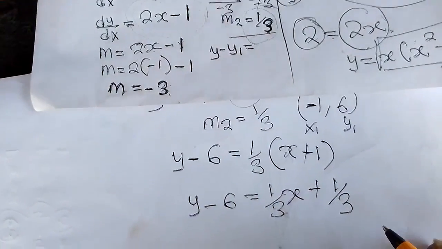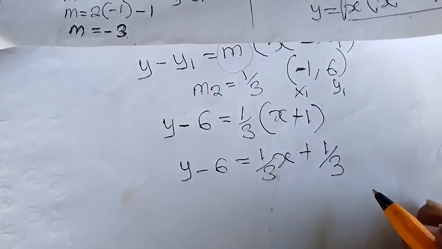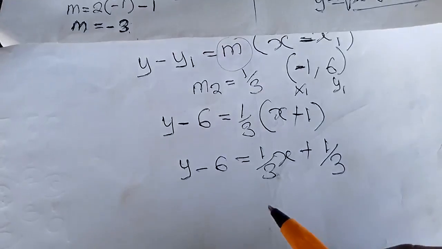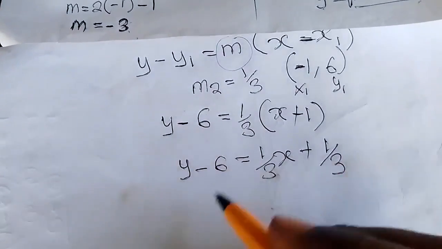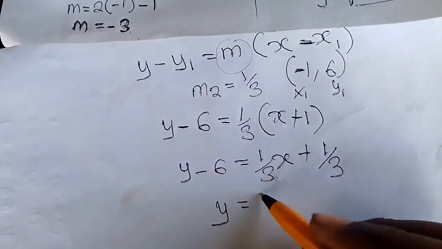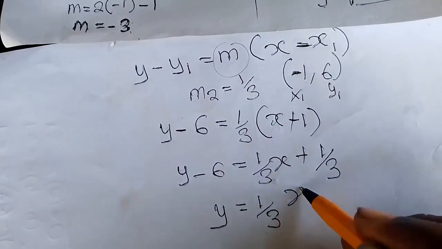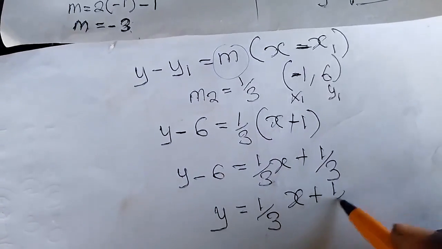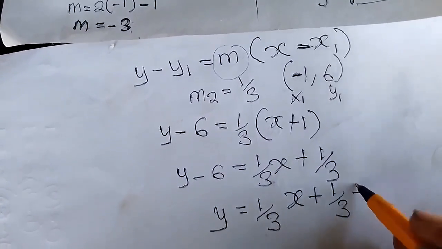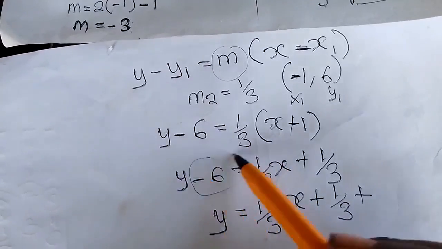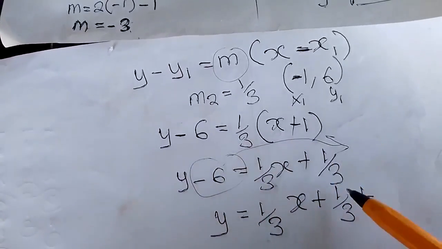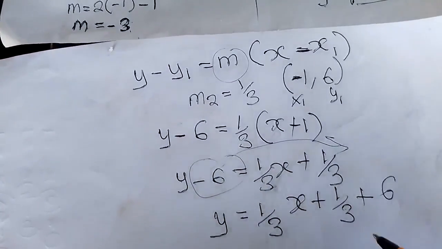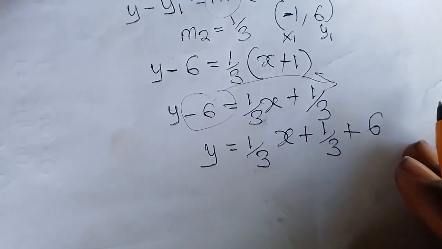When you are done with this, you just say this 6 will go to the other side. So y is equal to 1 over 3x plus 1 over 3 plus 6. When a 6 crosses the equal sign, it becomes positive. That's why it is positive 6.